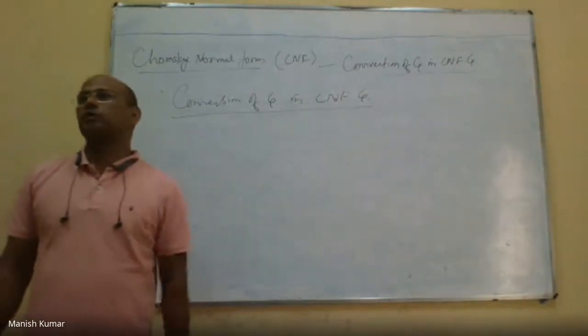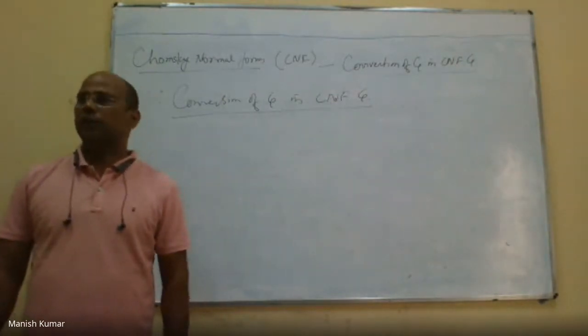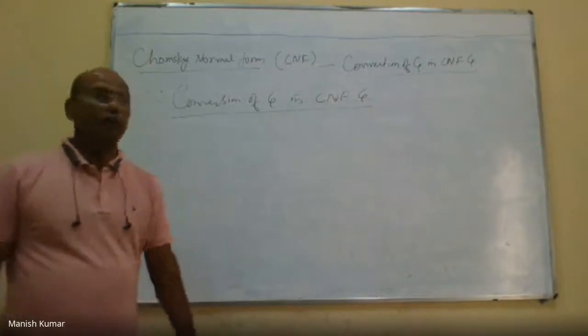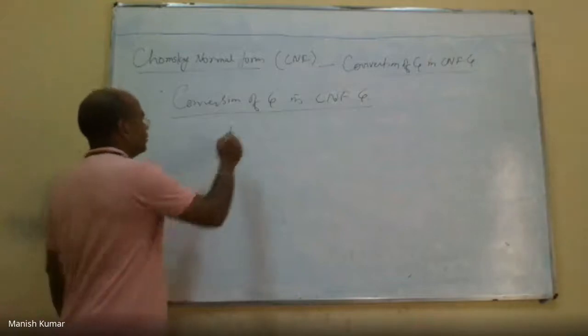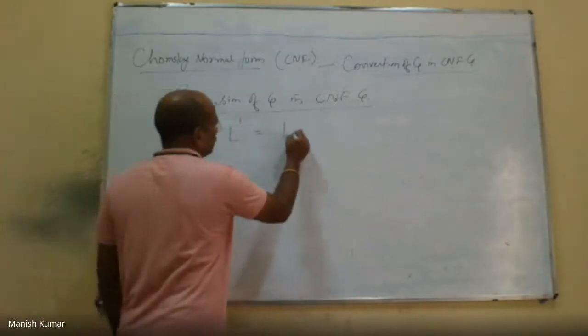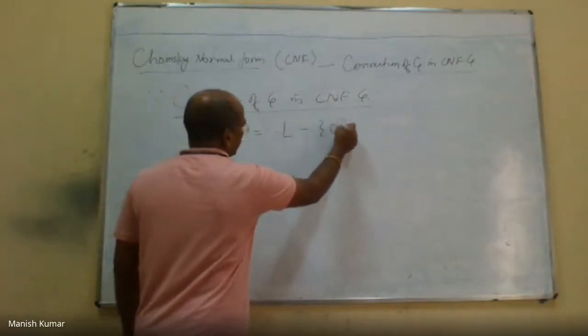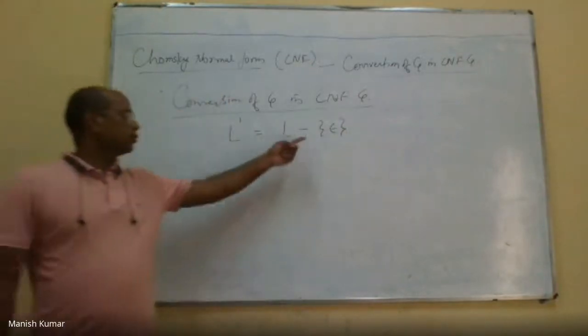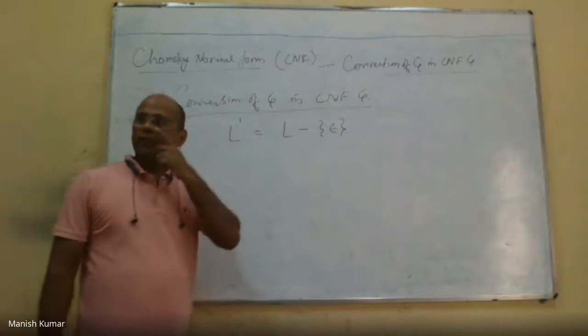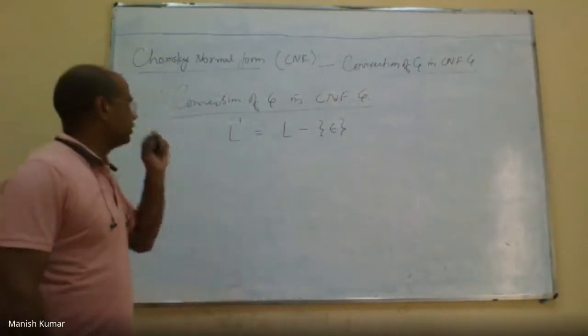In case your language involves epsilon and you still want to convert it, then in place of L you will be resolving L dash, which is nothing but L minus epsilon. That means you have to take epsilon out of that.